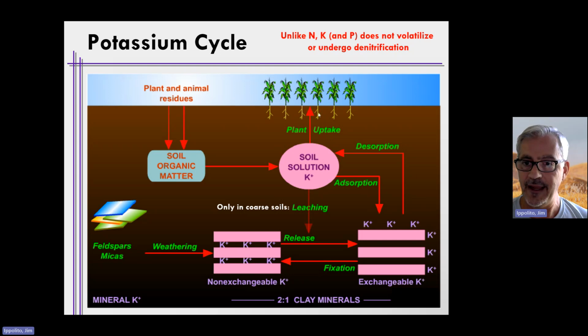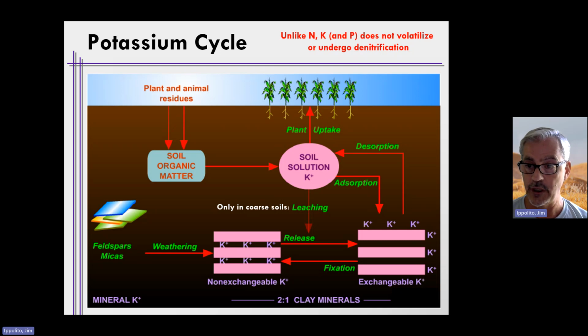When plants take up potassium, they take it up from the soil solution. This is the only area that plants take up potassium. And you learned back in Unit 2 that potassium needs to undergo diffusion to basically pump potassium into the soil solution for plants to take it up, right?